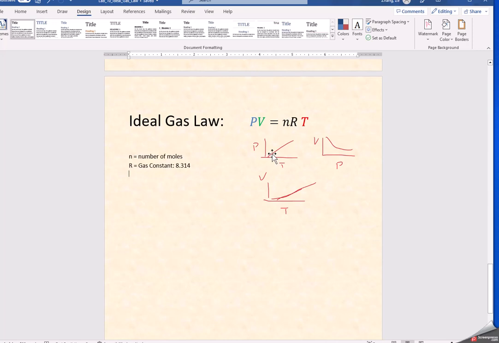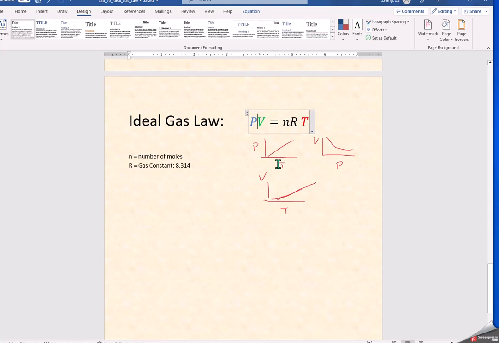For example, if the volume is fixed, imagine you have a balloon, or some pressure cooker. The volume is fixed, but there's gas, steam in it. Then you have a plot of pressure versus temperature. Then you expect an increasing plot like this. So this one, an increasing plot.